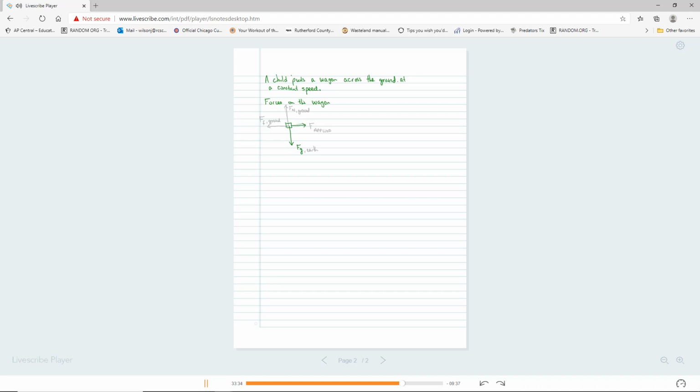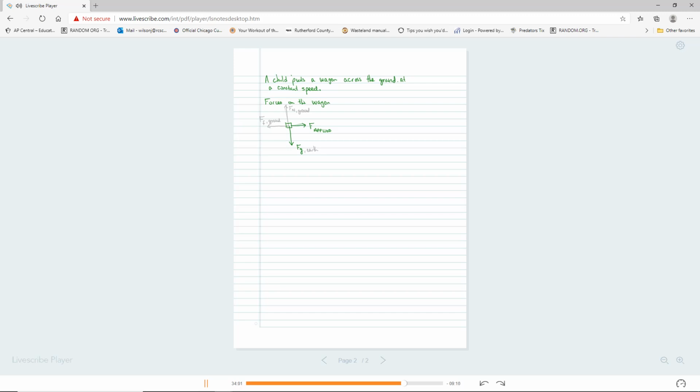So there's an applied force on the wagon. We usually just abbreviate that APP, but I'm going to write it because it's the first time we've done it. We know the kid is pulling on the wagon or pushing on the wagon or something. We don't know if it's behind it pushing it forward or in front of it with a handle pulling forward. So we're just going to call it applied.